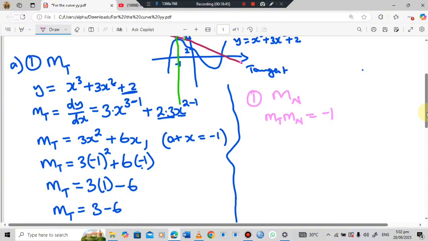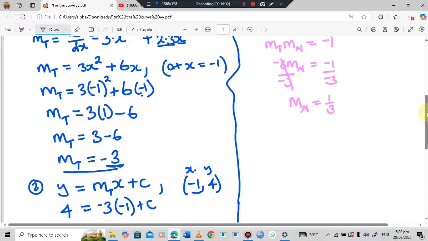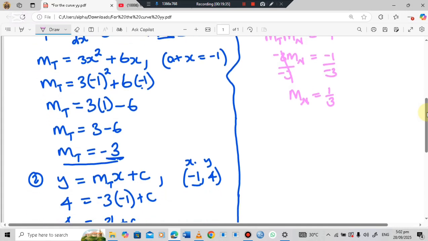So to find the gradient of the normal, we are going to replace the gradient of the tangent that we found. So we found -3 times mn, we should get -1. So to get mn, we divide both sides by -3. All right. So we have mn is equal to negative divided by negative will be positive. It is 1/3. The answer is 1/3. So this is the gradient of the normal.